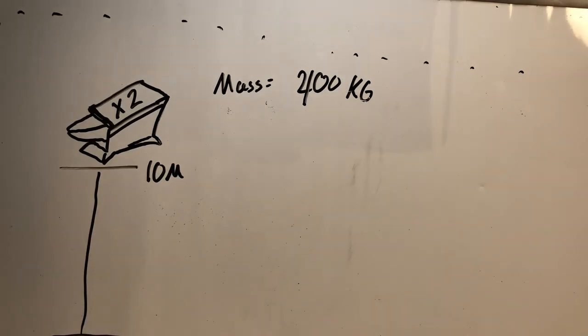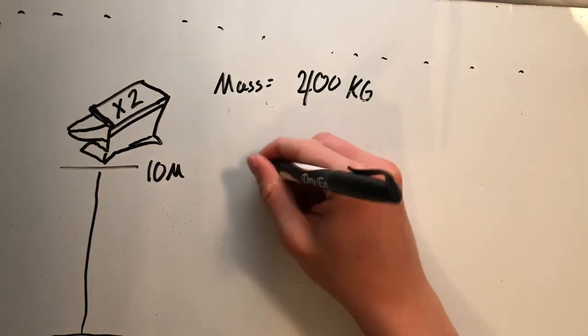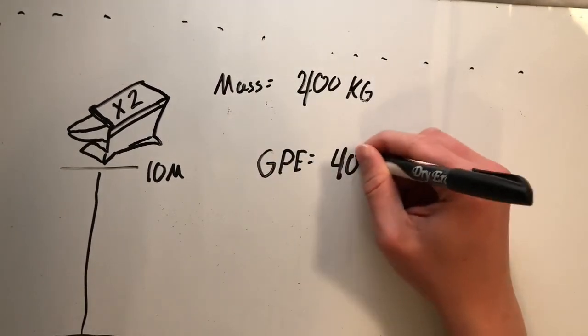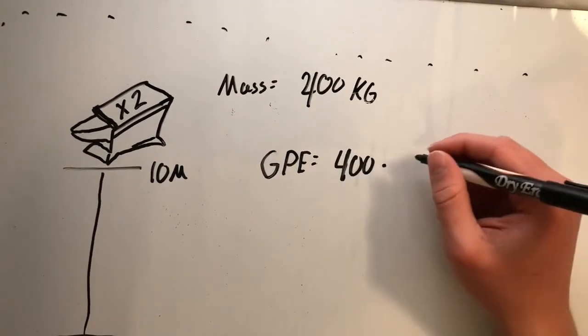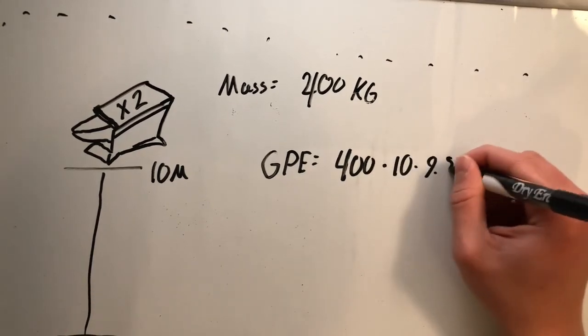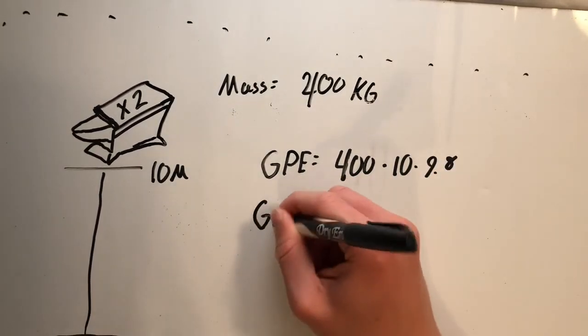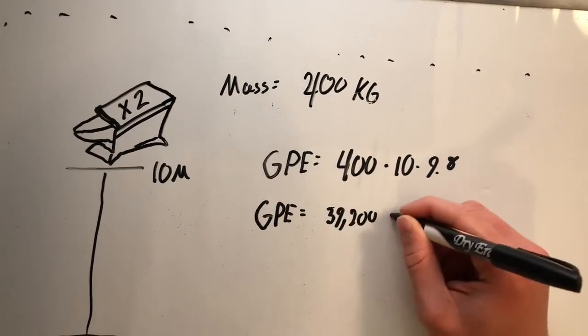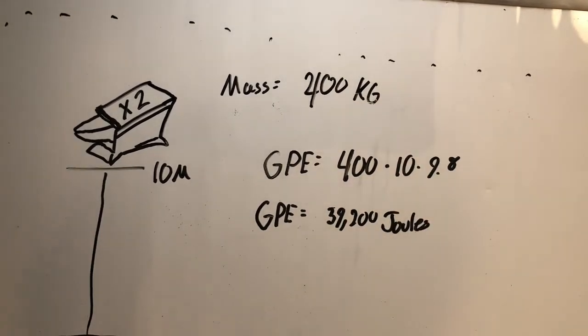Using the equation, we can find that the product of 400 kilograms multiplied by the height of 10 meters and the force of gravity, 9.8 newtons per kilogram, gives a gravitational potential energy of these two anvils of 39,200 joules. Clearly, the object's gravitational potential energy is also directly dependent on its mass. By doubling the mass, the gravitational potential energy of an object doubled without changing its height above the ground.